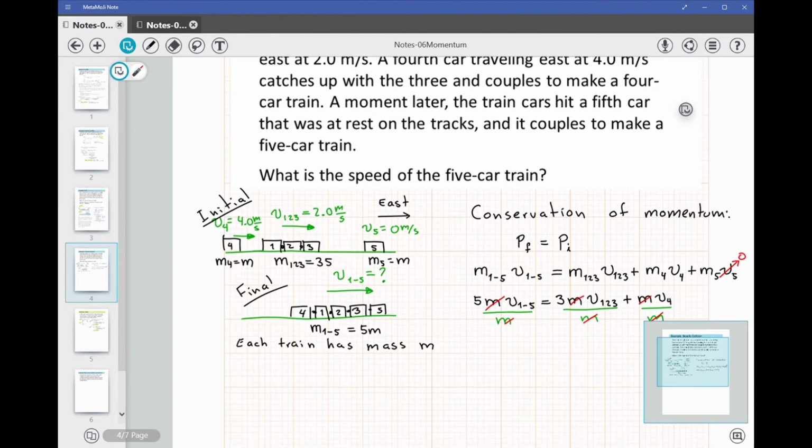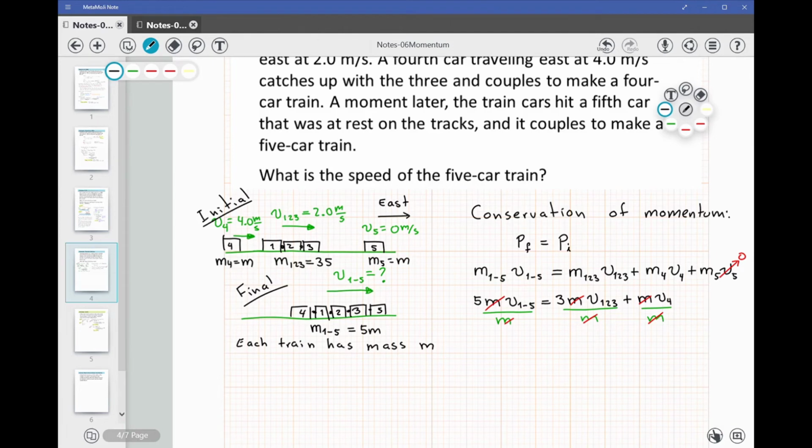and the equation simplifies to 5 times velocity 1 to 5 equals 3 times velocity 1 to 3 plus velocity 4. Since we want to find velocity 1 to 5, the velocity of trains 1, 2, 3, 4 and 5 after the collision, moving together as a single object, we isolate velocity 1 to 5.